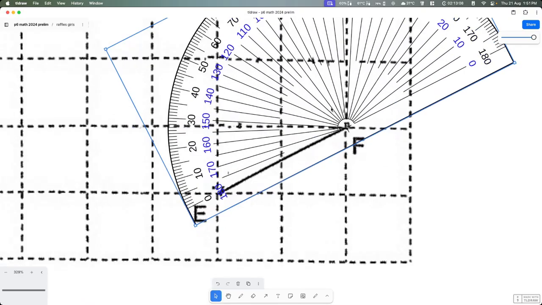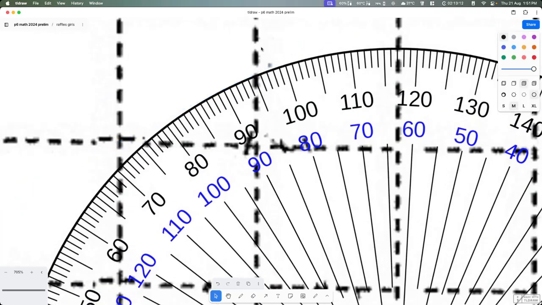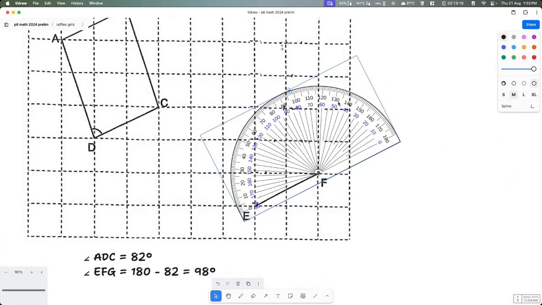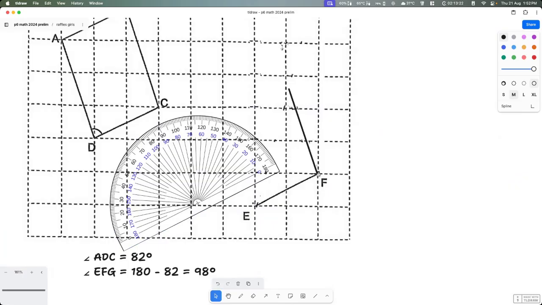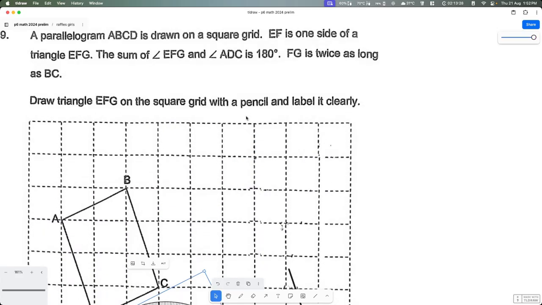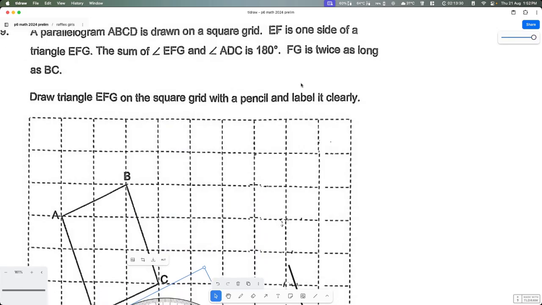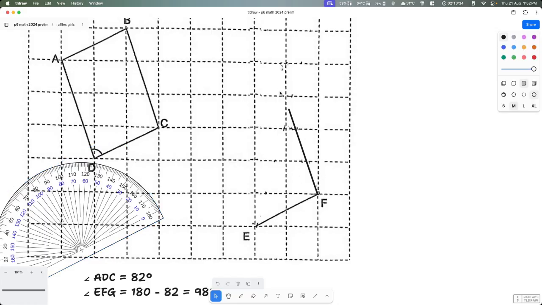Let's zoom in again to 98. So 98 is around here. I'm going to draw a line. 100, 99, 98, around here. Then we can remove this and draw 98 degrees as we see over here. Now once we have that, we need to know FG is twice as long as BC. So G is here, what we've done here.